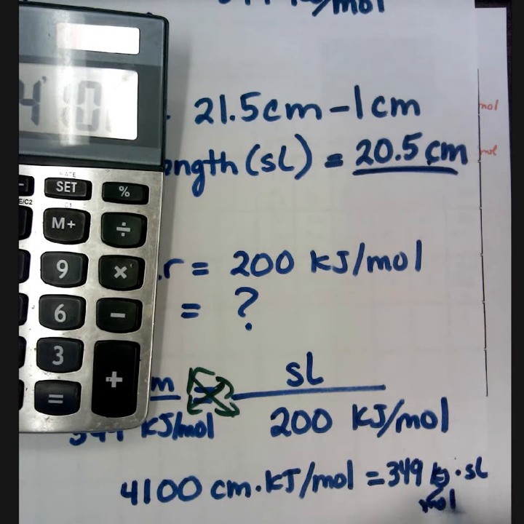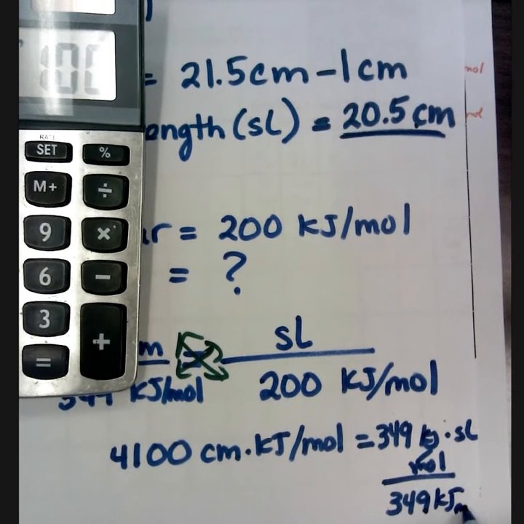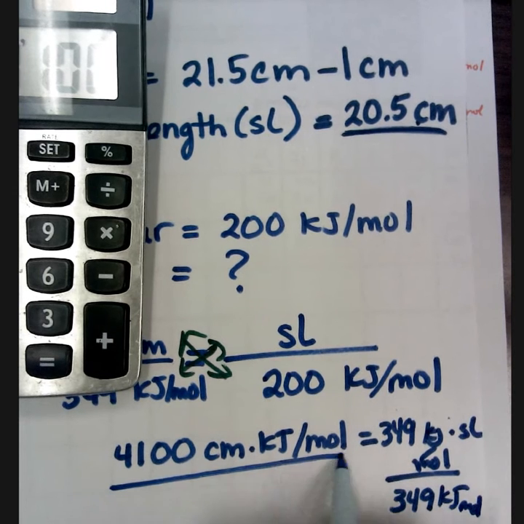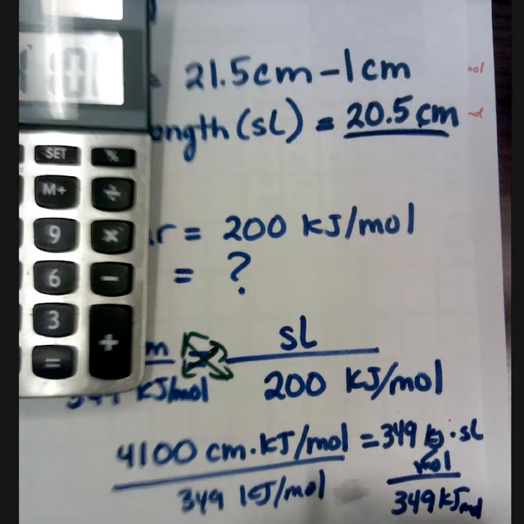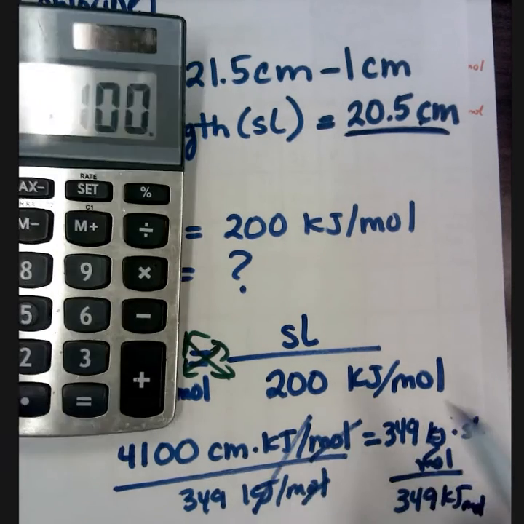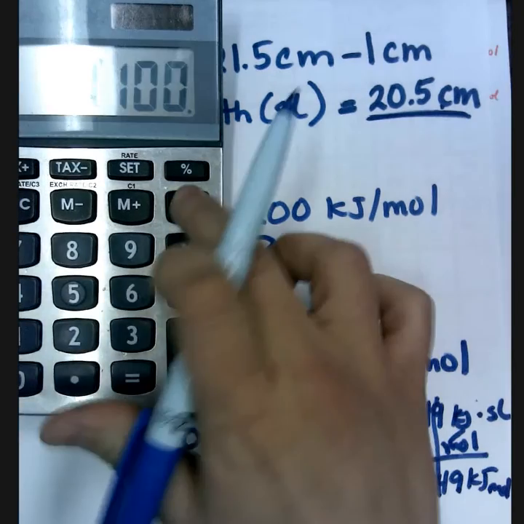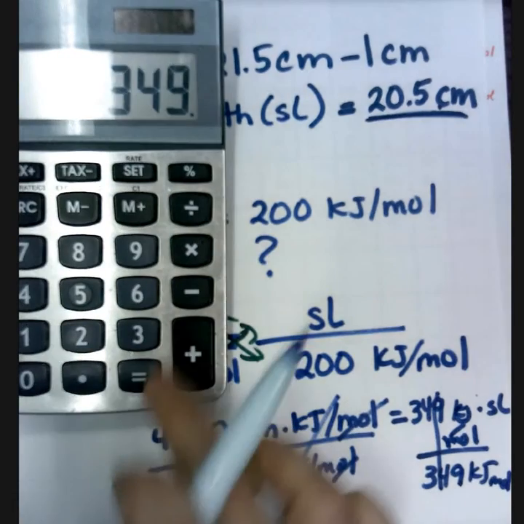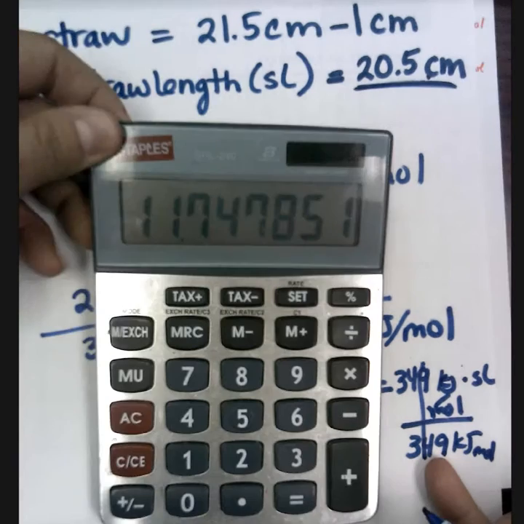Now I'm going to divide so I can solve for straw length. These units cancel, so it's 20.5 times 200 divided by 349, which is equal to 11.7. One digit after the decimal is sufficient.